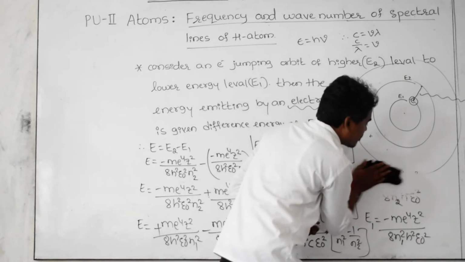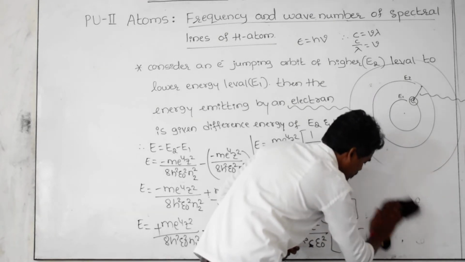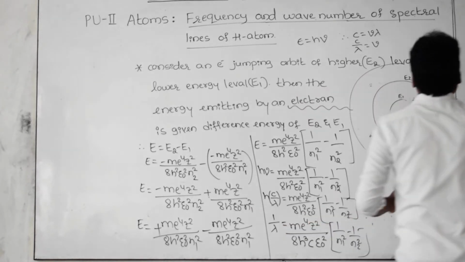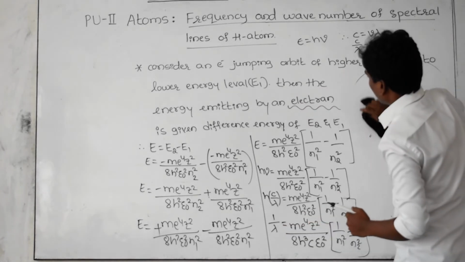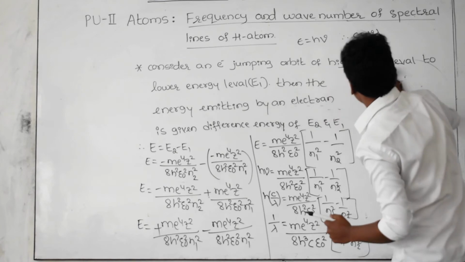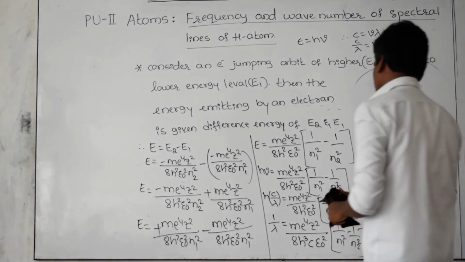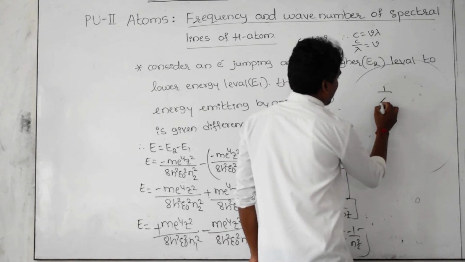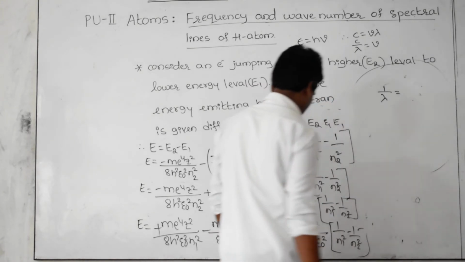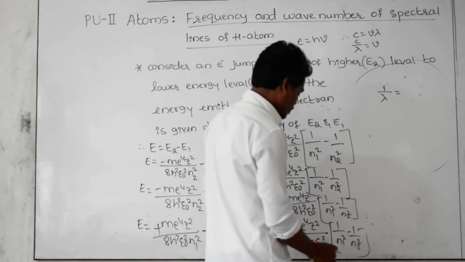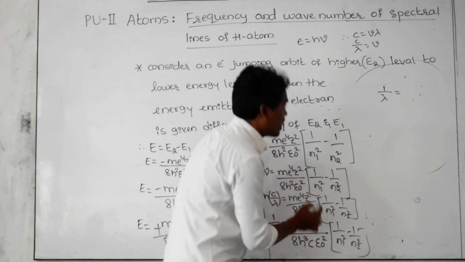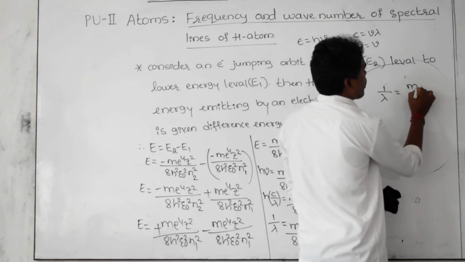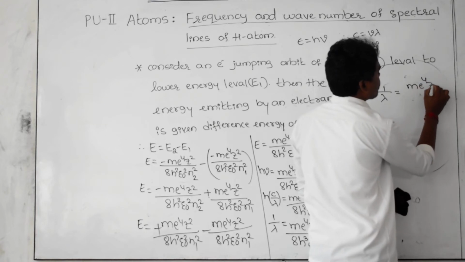Next we can simplify further. This becomes this equation. This is 1 by lambda. 1 by lambda is equal to this term: m e raised to 4 z square.